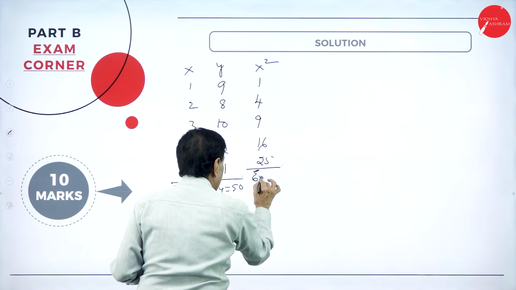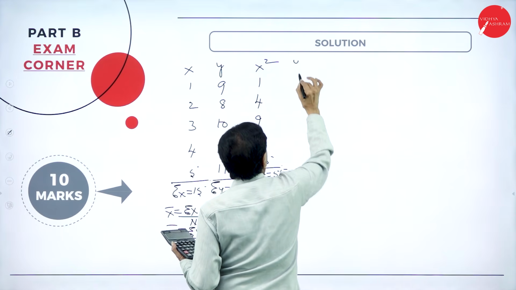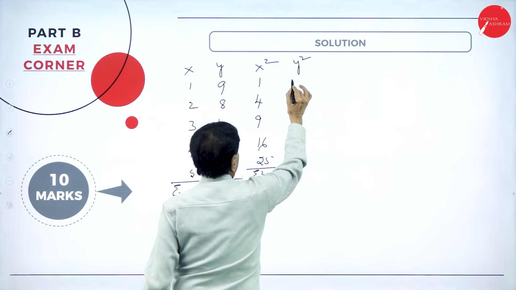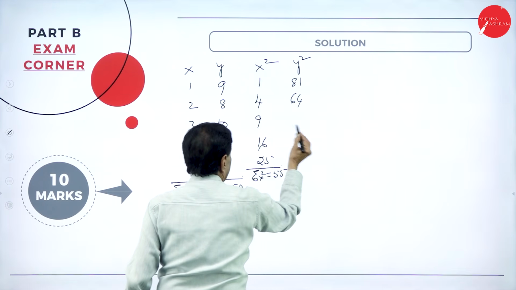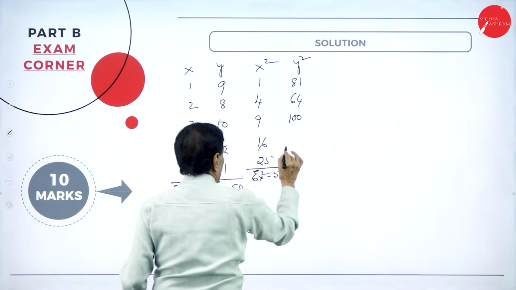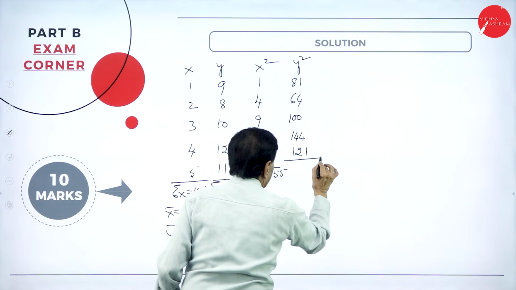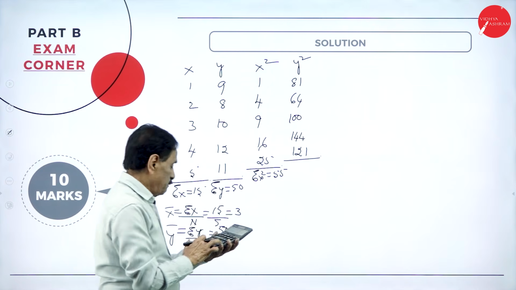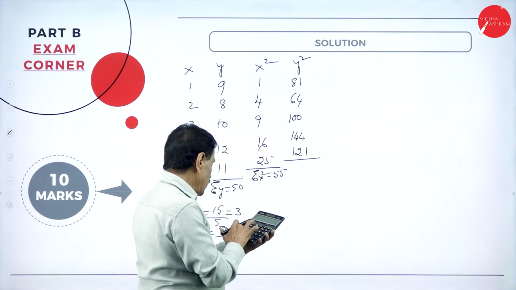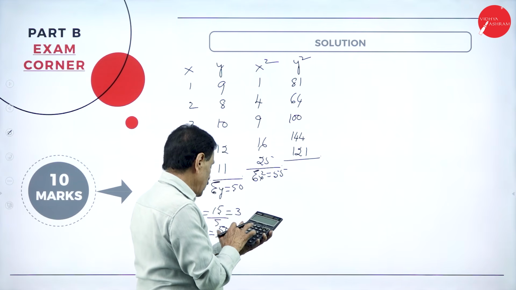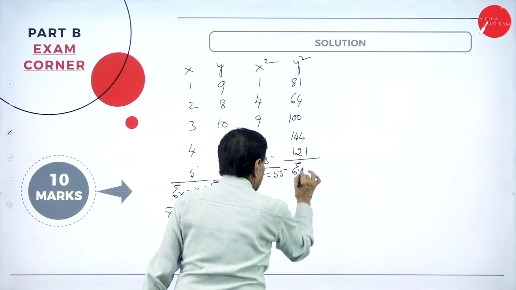Sigma x square is 55. y square: 9 9s are 81, 8 8s are 64, 10 10s are 100, 12 12s are 144, 11 11s are 121. This is 81 plus 64 plus 100 plus 144 plus 121, that is 510. Sigma y square is 510.